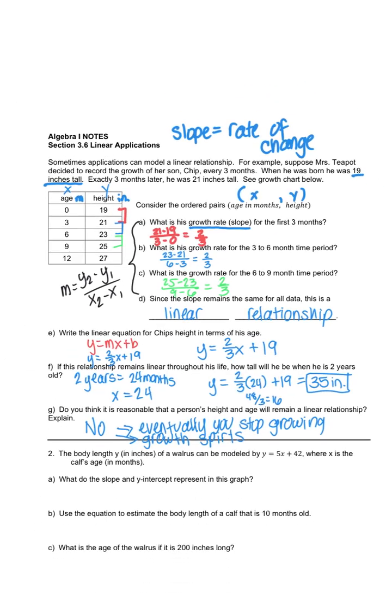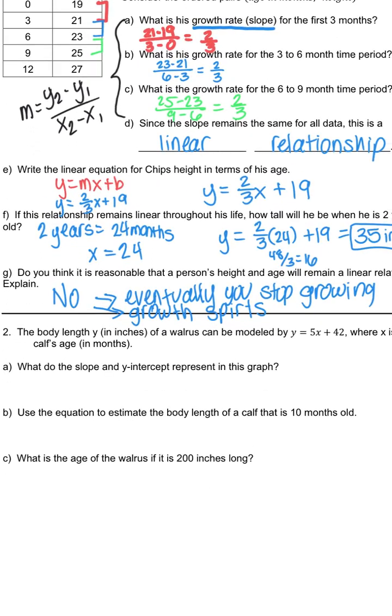Now we're going to switch scenarios here. It says the body length, y inches, of a walrus can be modeled by y equals 5x plus 42, where x is the calf's age in months. So we know x is the calf's age in months, so I'm going to just put an x right there to remind us.